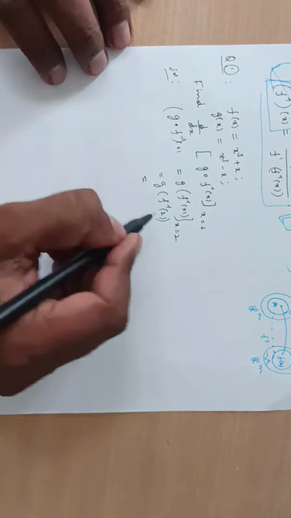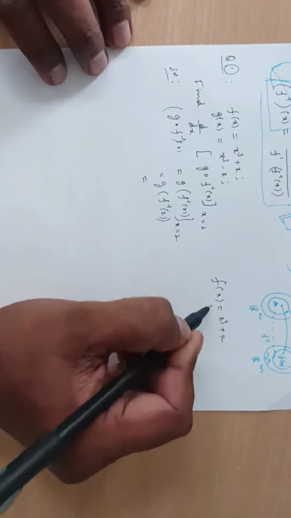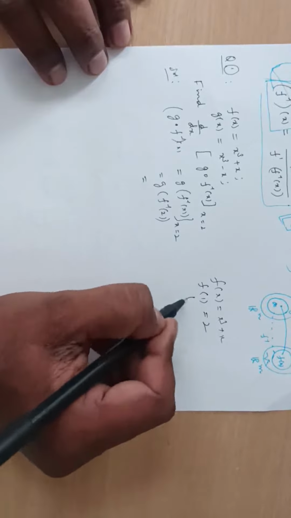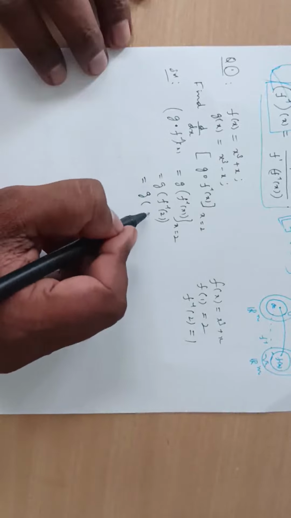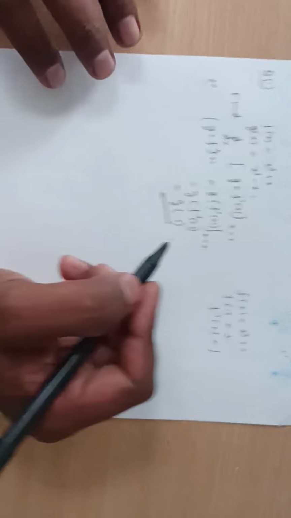So for f inverse of 2, you already have f of x is x cube plus x. What is f of 1? It is 2. What is f inverse of 2? It is 1. So g of 1. Idea is clear?